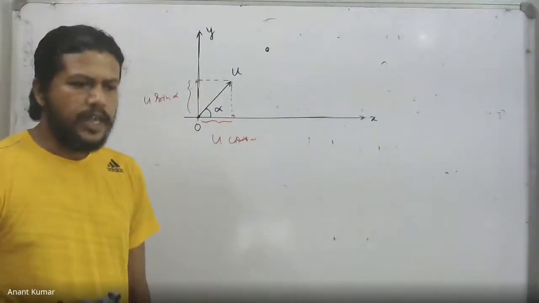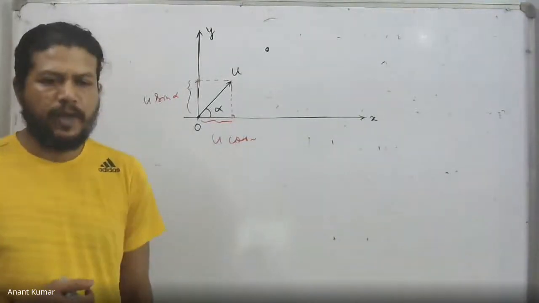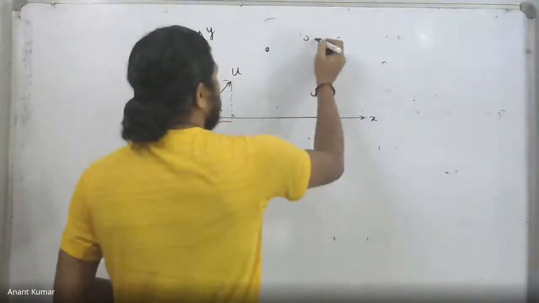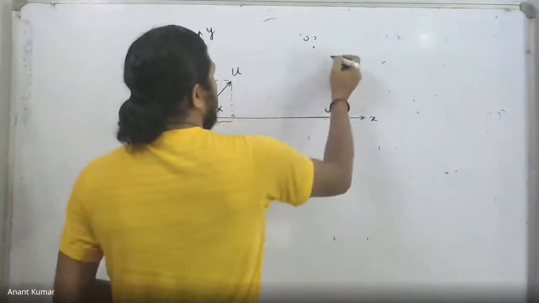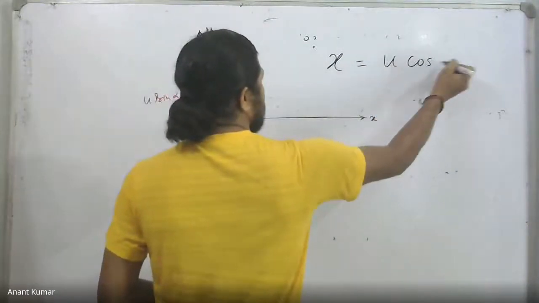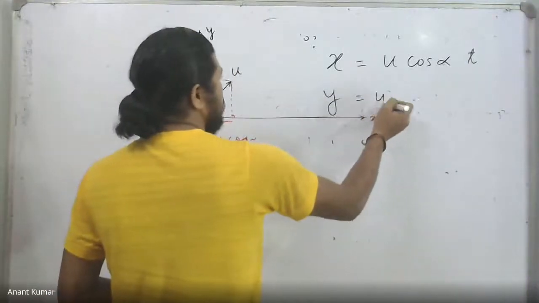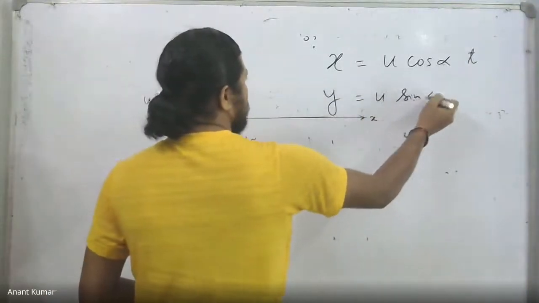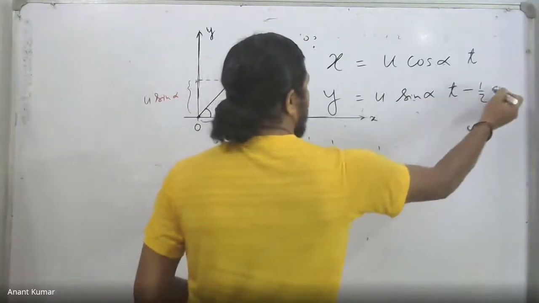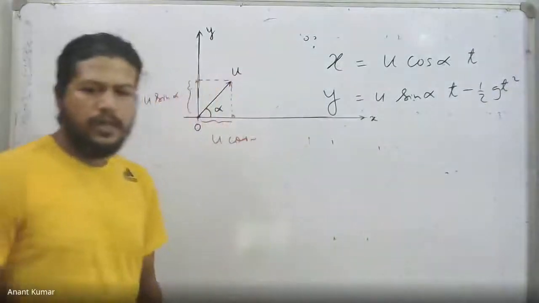That will be nothing but the equation of the path that the object takes in the xy plane. If I do that, you notice that the x coordinate was u cos alpha into t and the y coordinate is u sin alpha t minus half g t square. These are two equations.